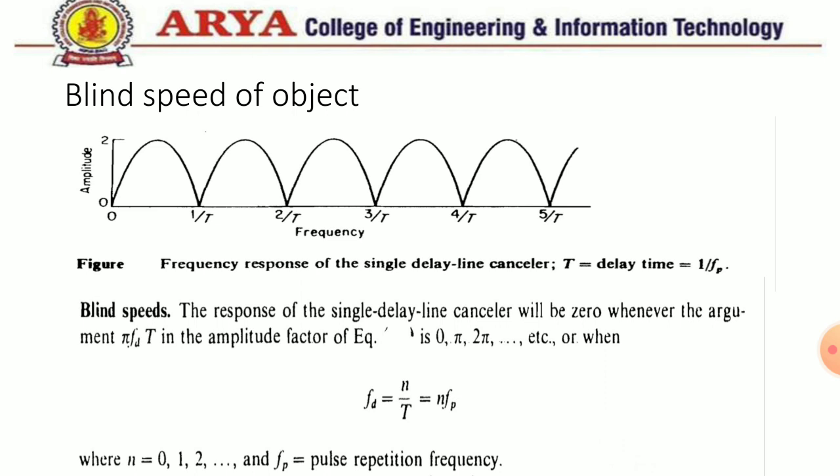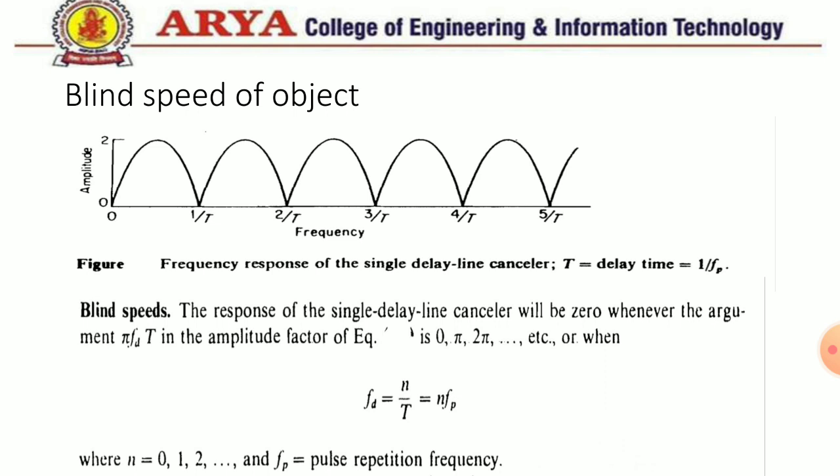But at every minimum value of magnitude in the continuous frequency cycle, at 1 by T, 2 by T, 3 by T, 4 by T and 5 by T, some frequencies are also removed. At each minimum magnitude there are nulls, and those are removed.